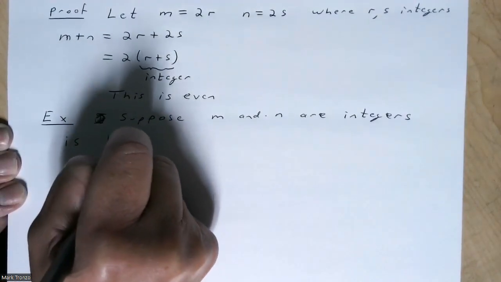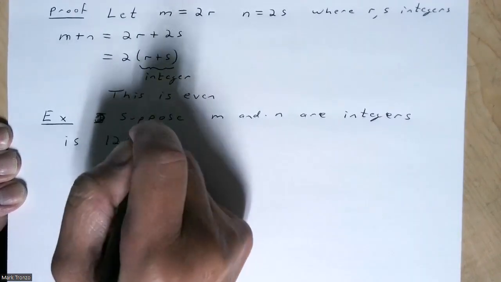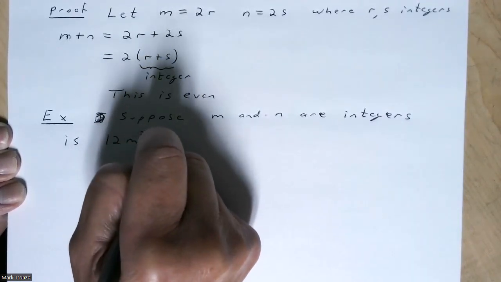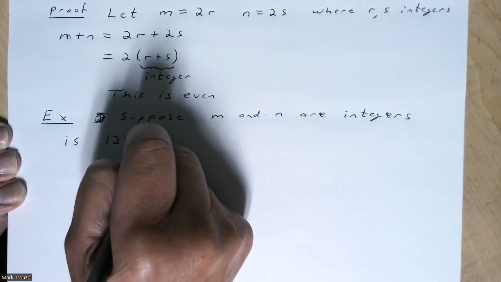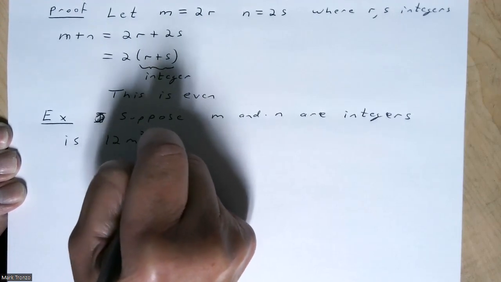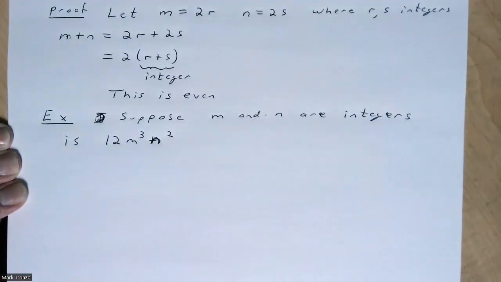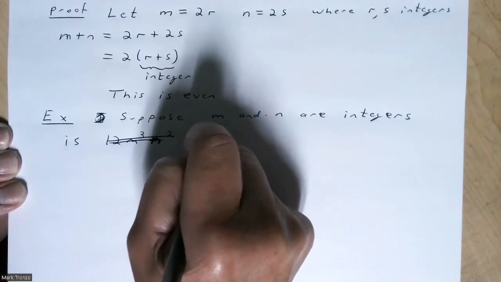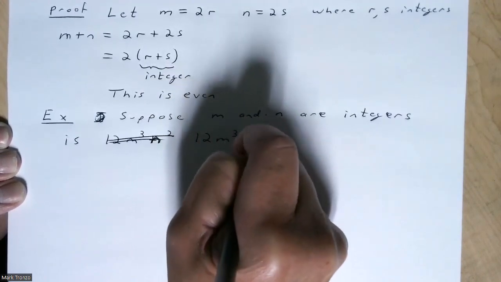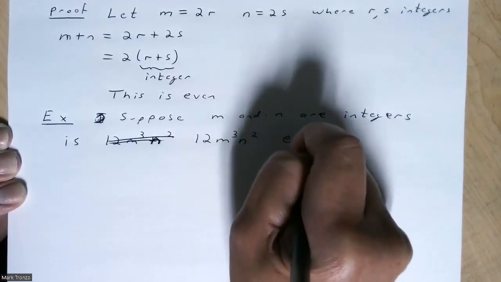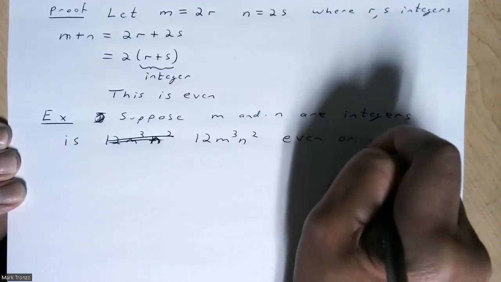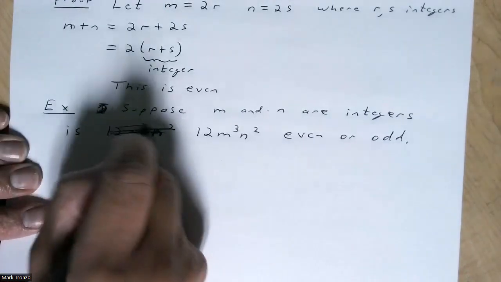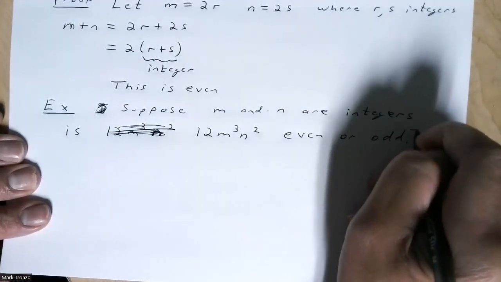Is 12m cubed times n squared even or odd? Let me write that a little bit better. 12m cubed n squared, even or odd? Now, this isn't really a proof. They're kind of just asking us a question.